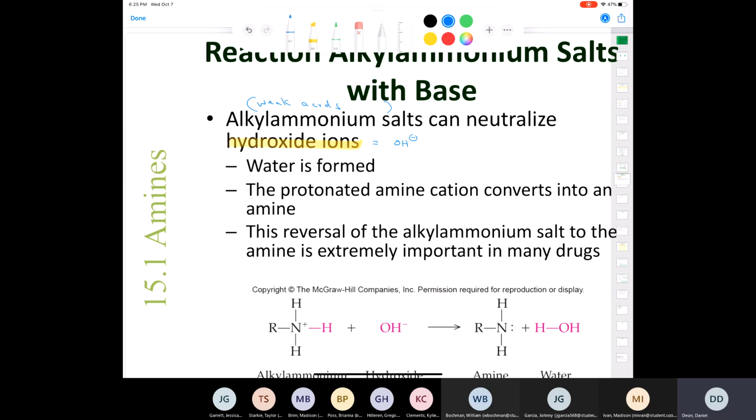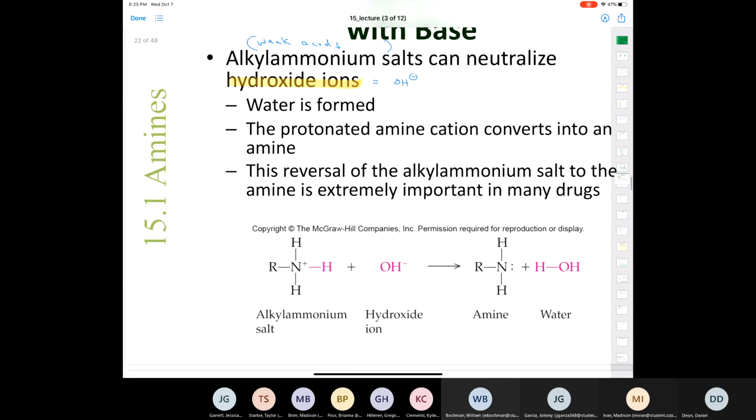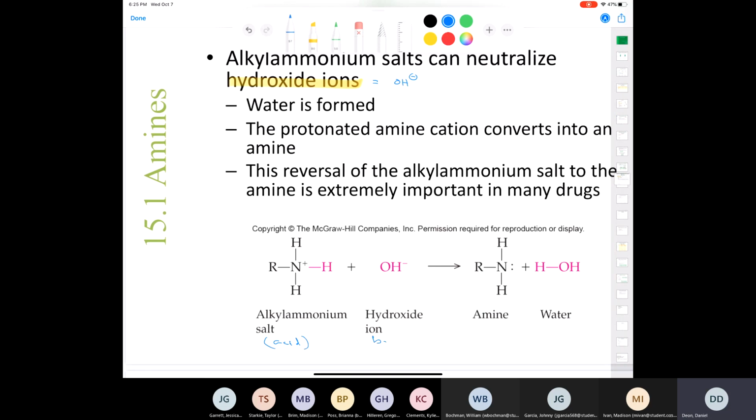An acid, the alkyl ammonium, which is a weak acid but still an acid, plus a base. We don't end up with a salt in water, but we do end up with water in this case, and the free amine. How does this happen? Well, what's a base? Like hydroxide ion, bases are H plus acceptors.